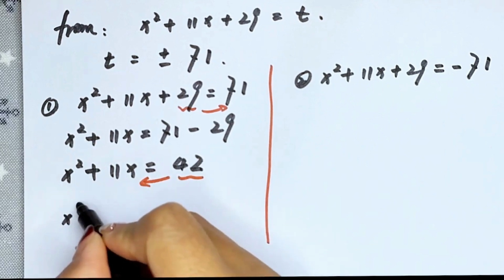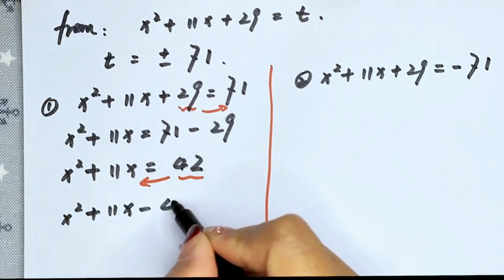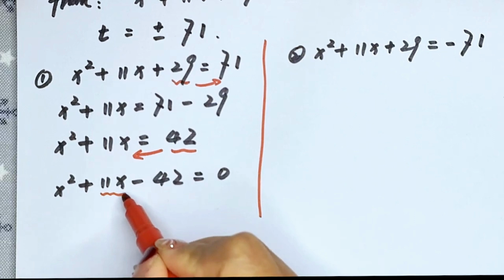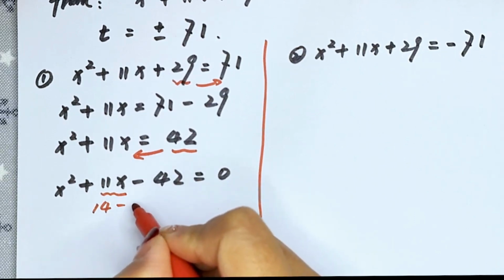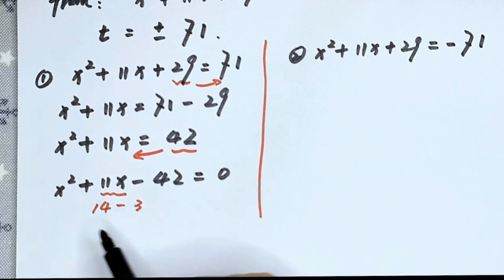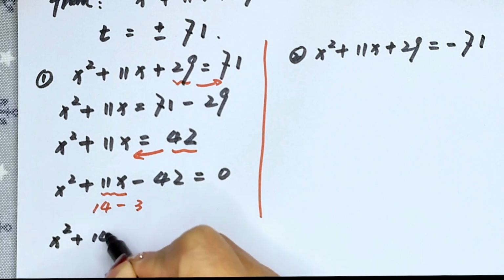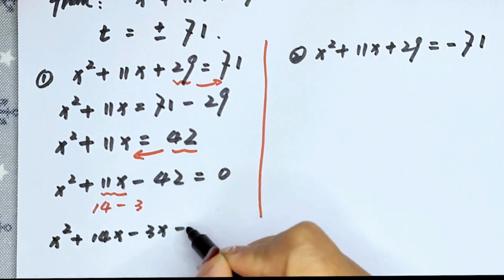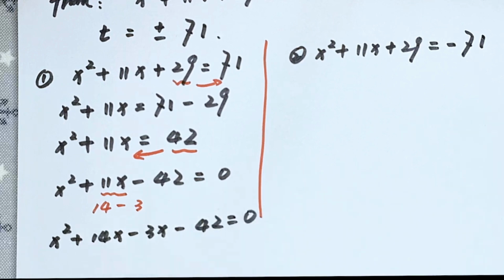So x squared plus 11x minus 42 equals 0. 11x, 11 is the same as 14 minus 3. So this can be written as x squared plus 14x minus 3x minus 42 equals 0.